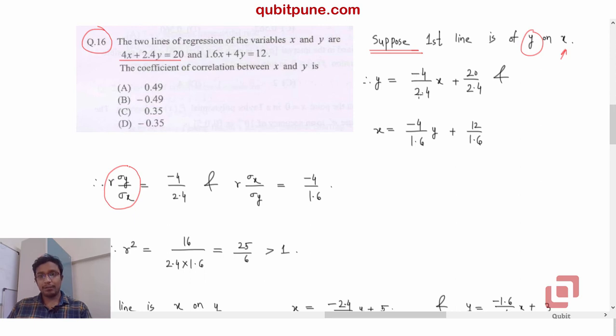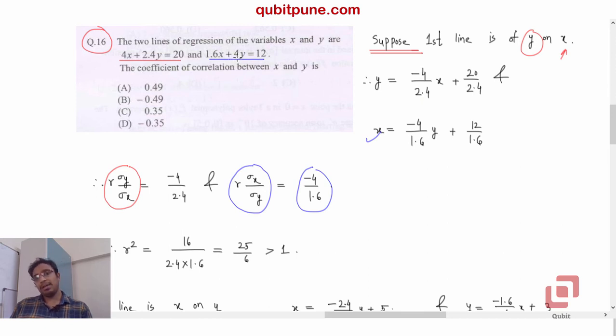So that is negative 4 upon 2.4, and because of our assumption that the first line is of y on x, the second line has to be of x on y, which will give me r sigma x upon sigma y, that is the second regression coefficient, which is now negative 4 upon 1.6. This will be obtained by shifting everything to the right hand side except x.